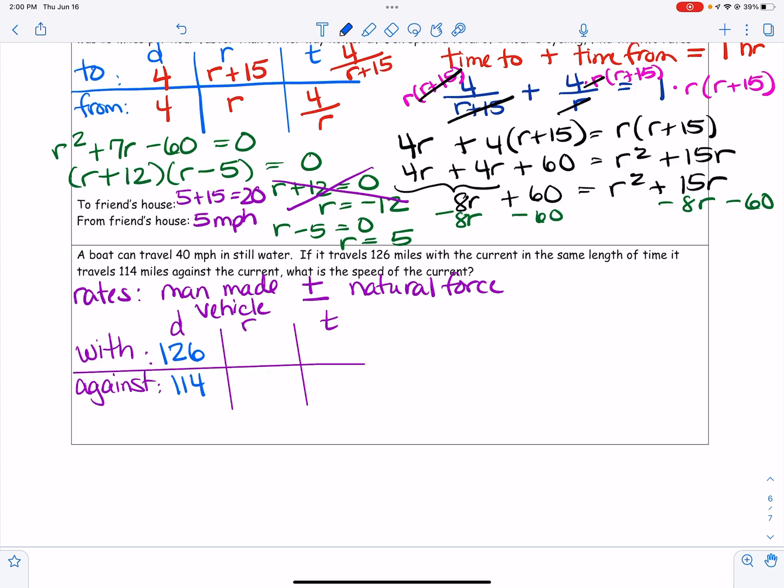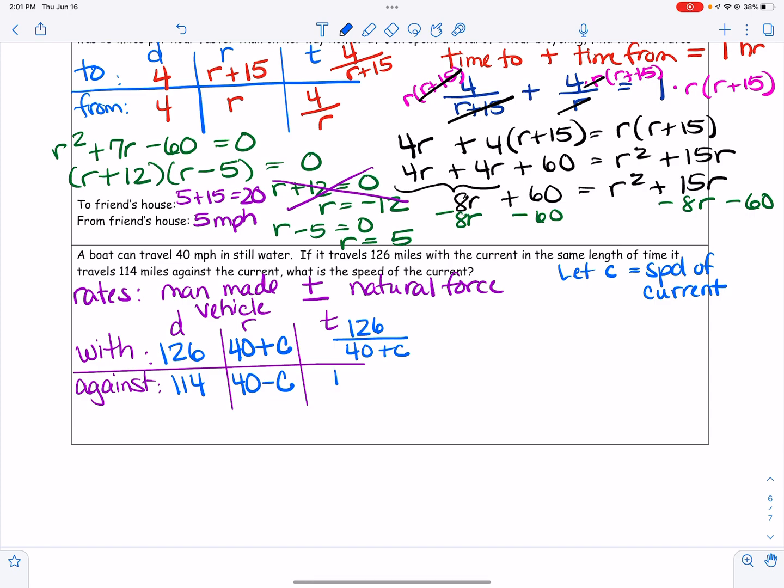So the boat speed is 40 miles, and if it's going with the current, we're going to add it, okay? And I'm just going to call C, let C equal the speed of the current. And if we're going against the current, you take the speed of the boat and you take away the speed of the current. So the time is going to be 126, the distance, over the rate.